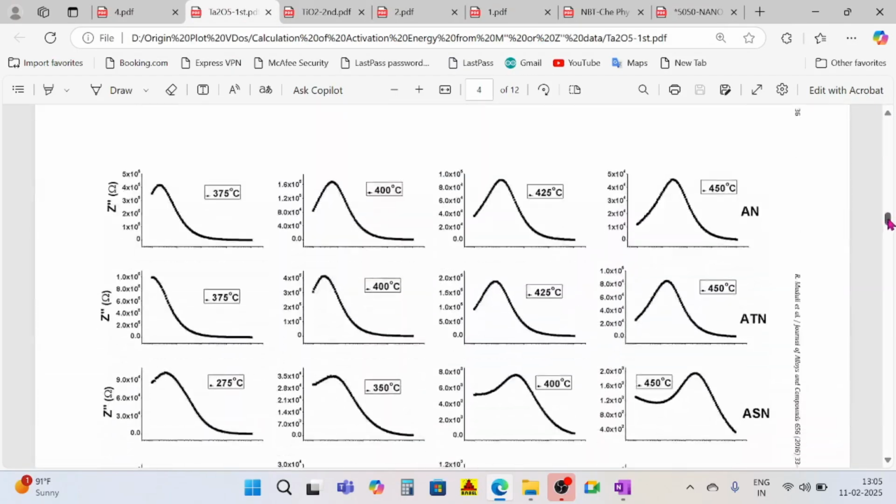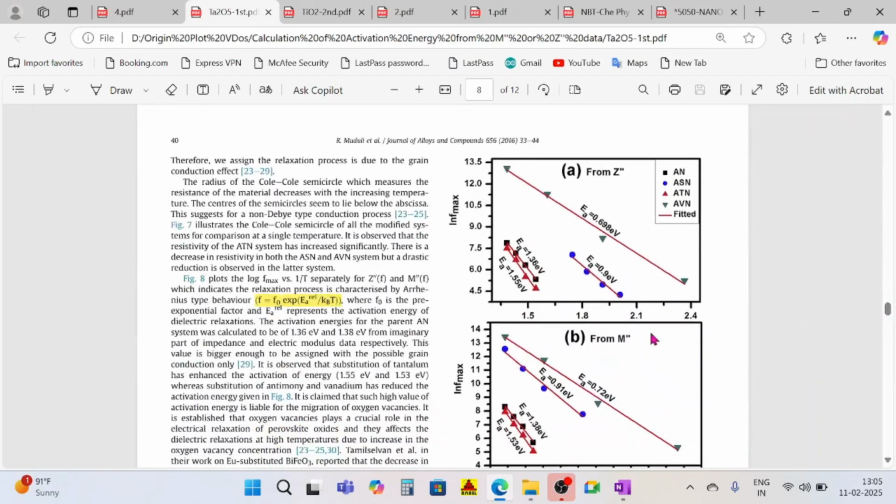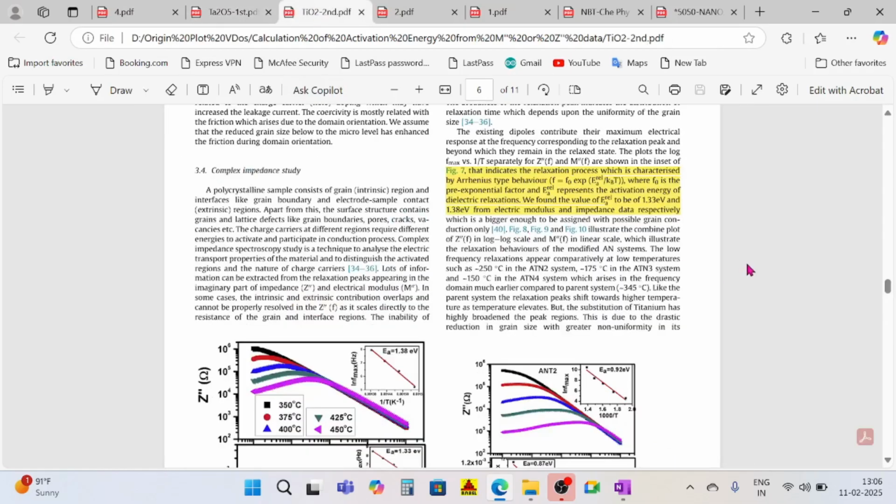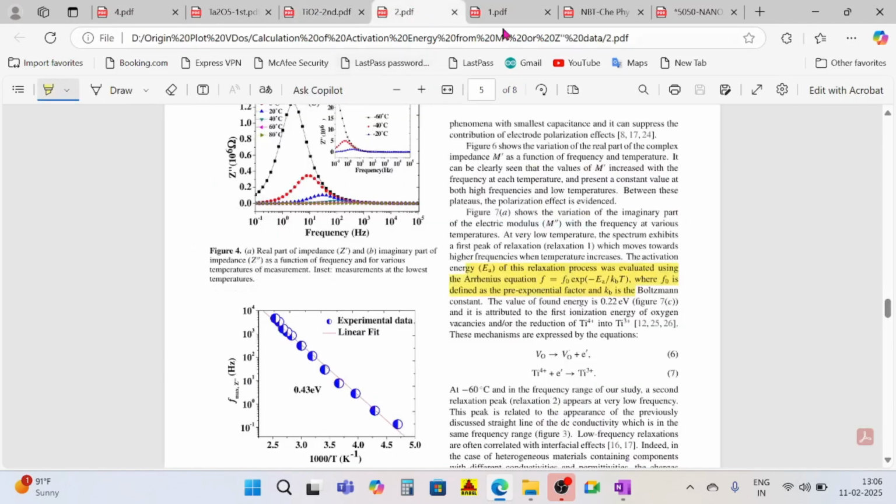Here we used it as positive, plus Ea by kBT, f equals f0 exponent of Ea by kBT. In another article, also positive was used. In some other article, f0 exponent of minus was used.